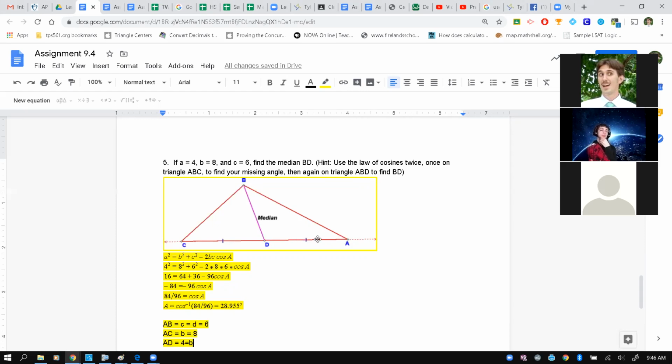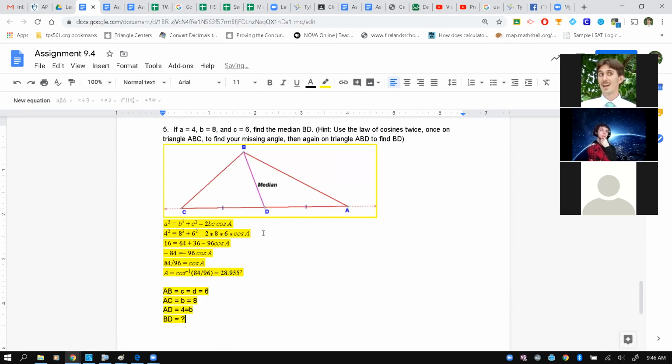Our goal is to find BD, which would again be opposite angle A, so we would call that side A. And we know angle A is 28.955.